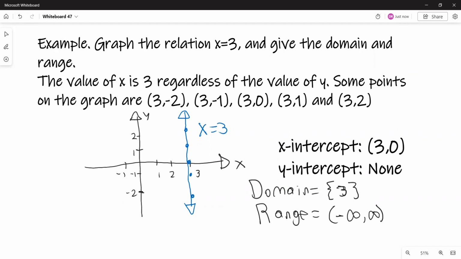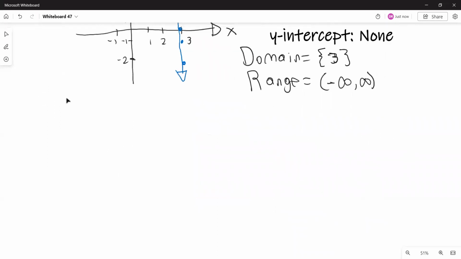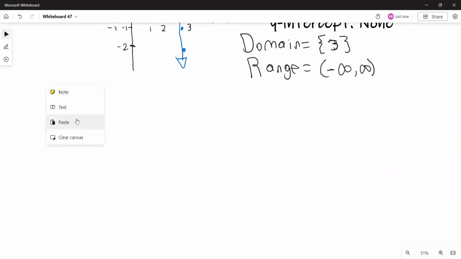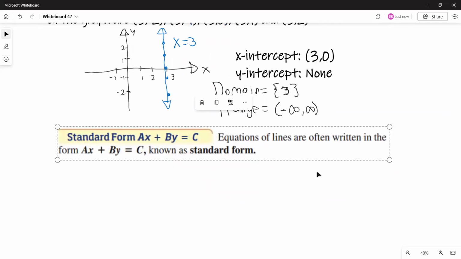Okay, so one way to write a linear function is as f of x equals ax plus b. You can also write the equation of a line that is not necessarily a function in standard form.